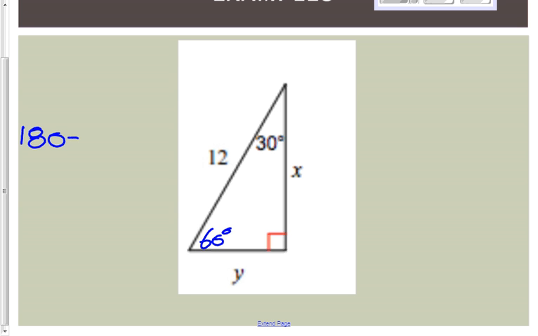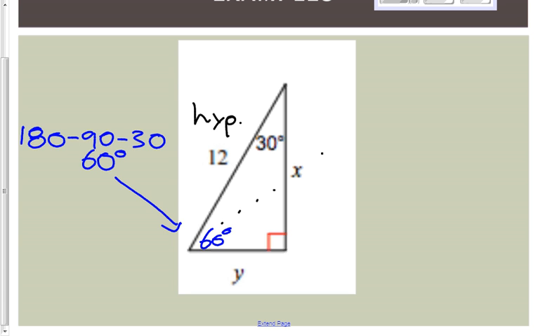And I know that one angle in this one is 90, subtract out the other one, 30, it must be 60 degrees. I also want to label my different parts on this right triangle. I've got the hypotenuse. Across from the 60 degree angle right here, I've got the long leg. Across from the 30 degree angle, I've got the short leg.